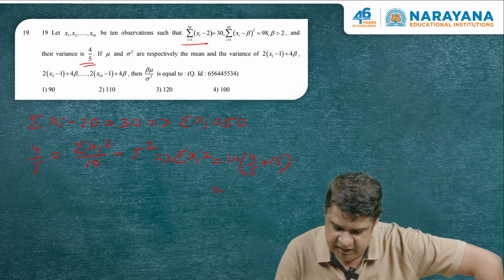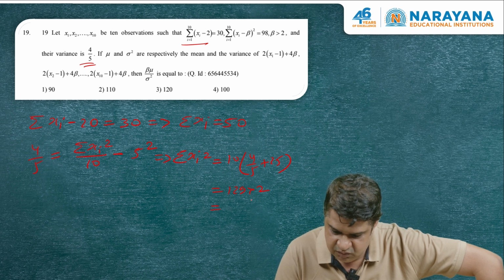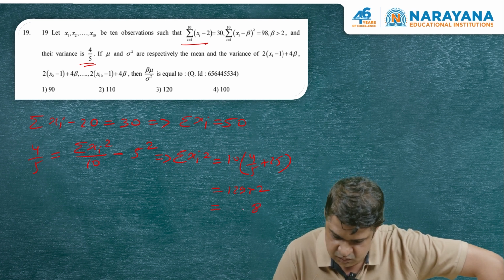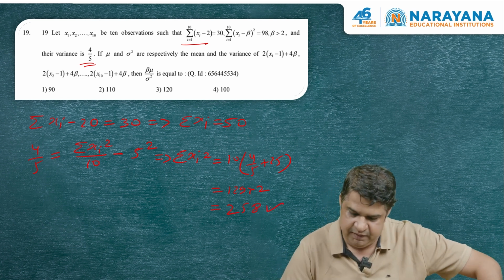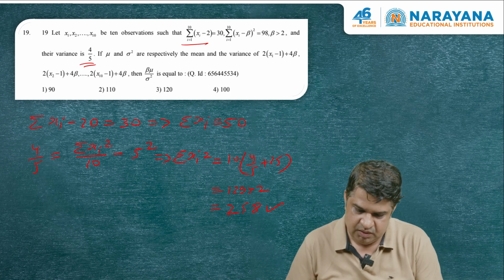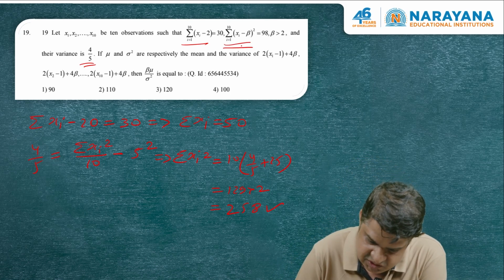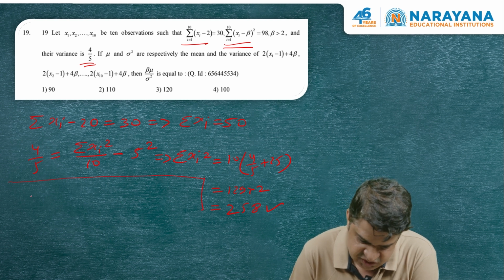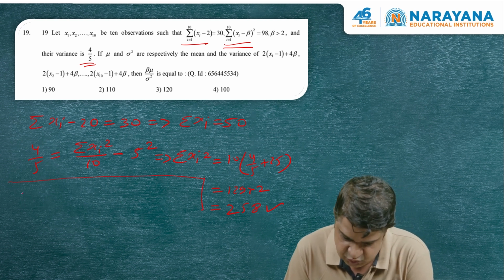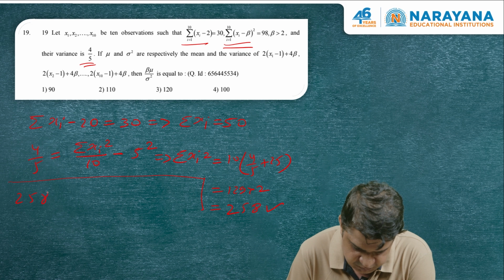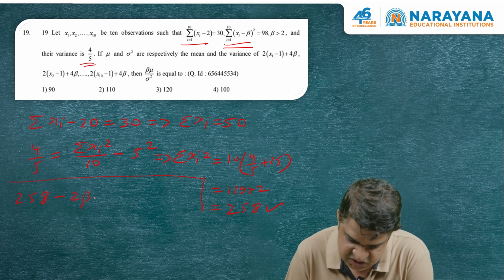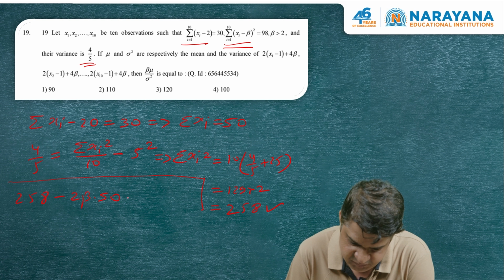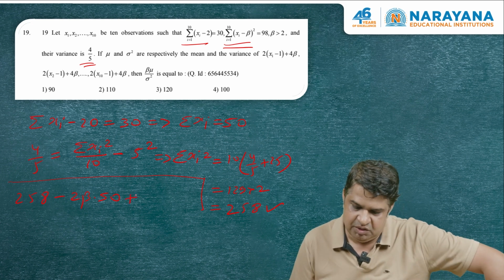So, 129 into 2, what is this? 258. Now, open this summation. So, summation xi square is 258 minus 2 beta into summation xi, which is 50, plus summation beta square.